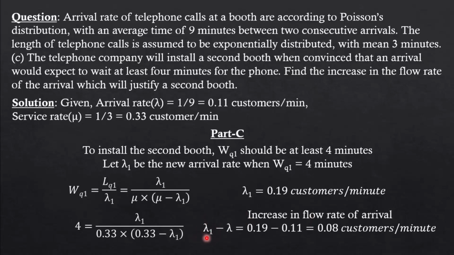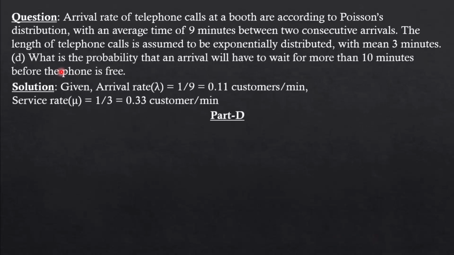So this is the new arrival rate and this is the previous arrival rate, and the difference between them is the increase in the arrival rate. So this is 0.19 and lambda is 0.11, so the difference here is 0.08, and this is the increase in flow rate of arrival. So it is equal to 0.08 customers per minute. Now let us move on to the next part.